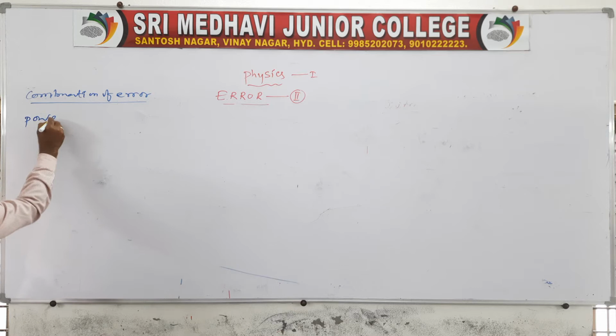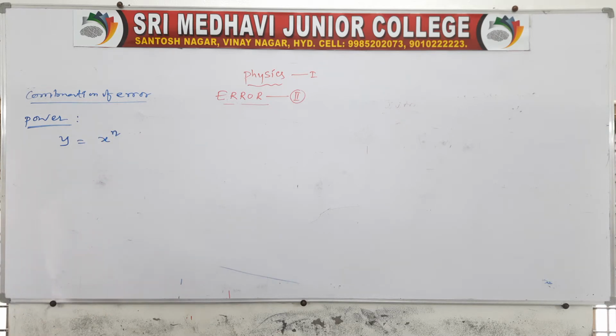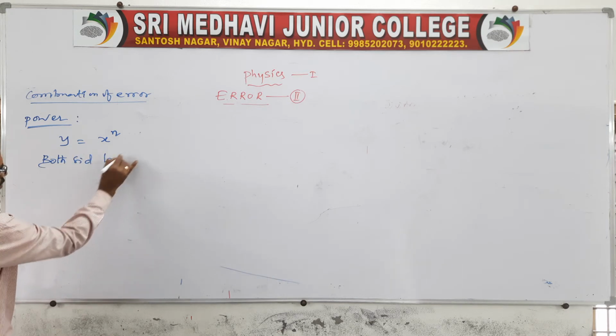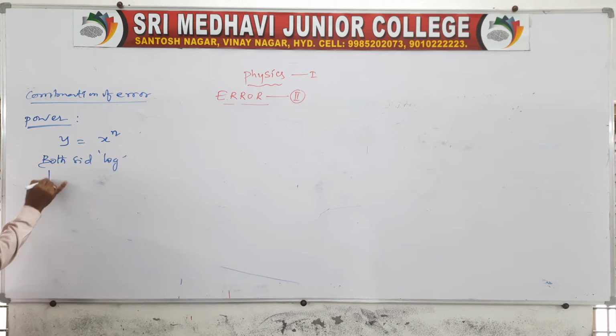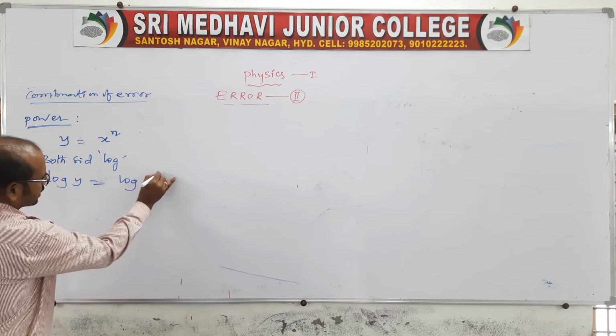You take power. Power means suppose y is equal to x power n. Y is equal to x power n. Here again we have to apply logarithm on both sides. Then log of y is equal to log of x power n.